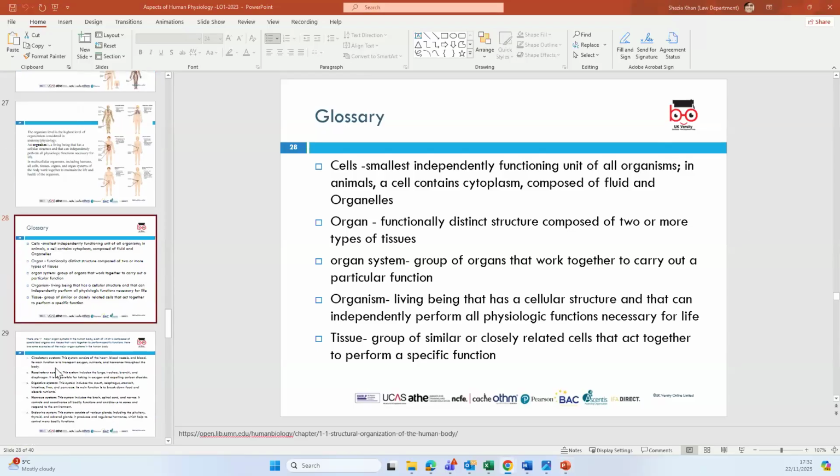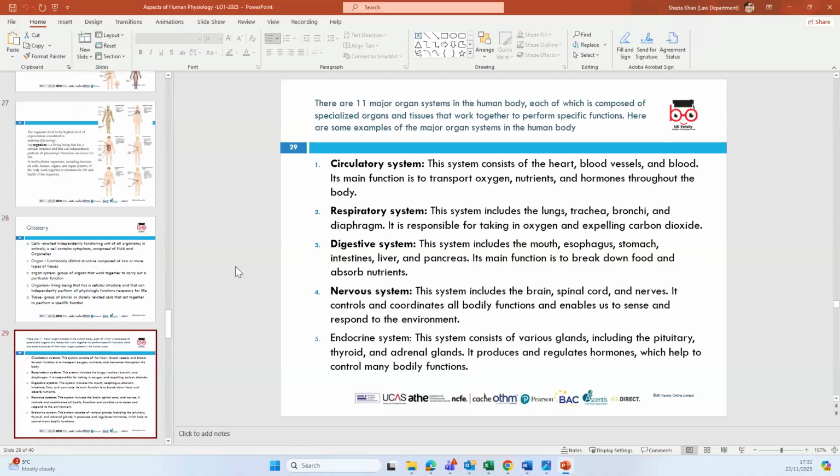Okay. So the next one we're looking at, there are 11 major systems in the human body, which we looked at earlier as well. So what is the circulatory system there to do?